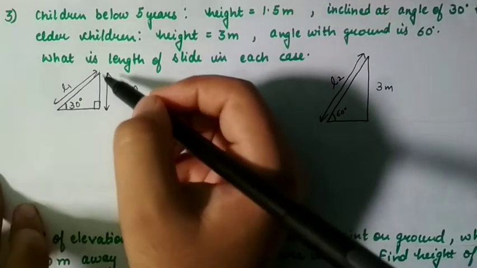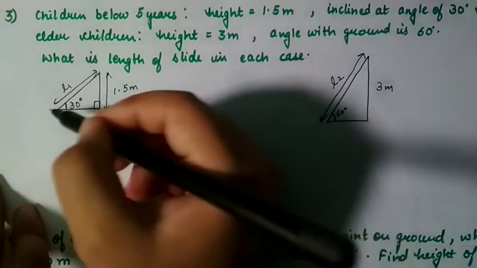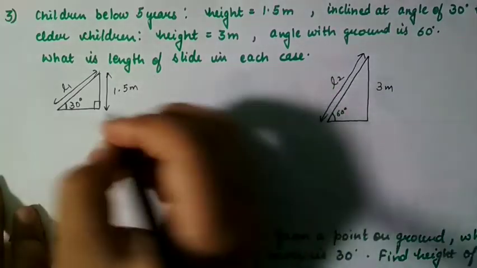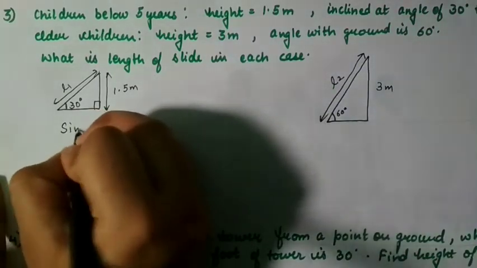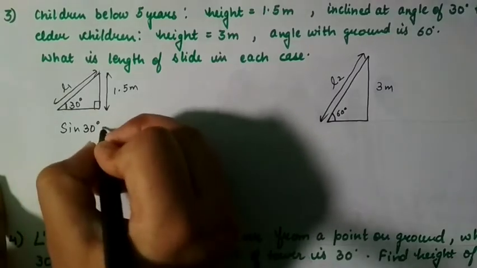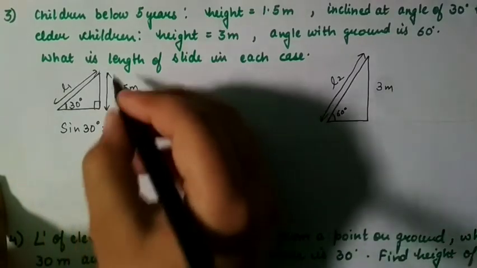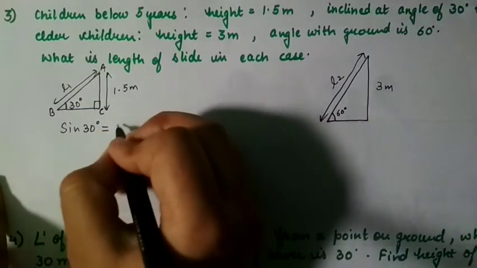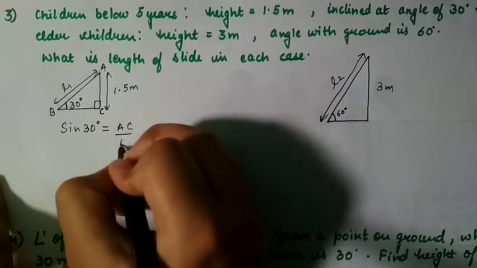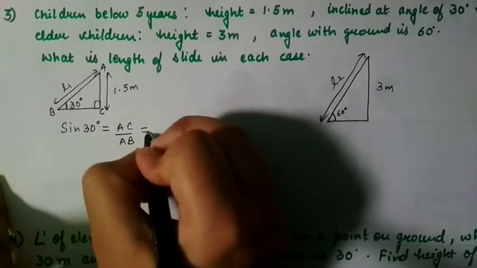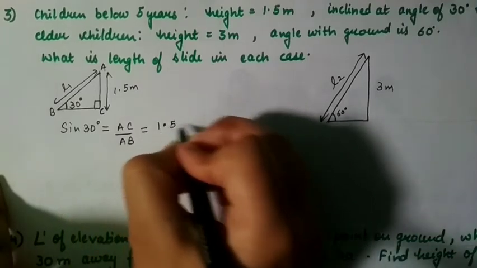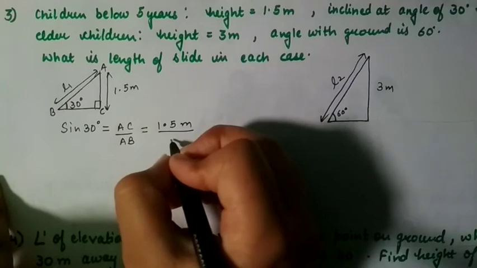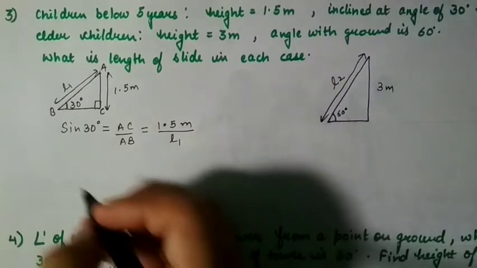So which trigonometric ratio gives the relation between perpendicular and hypotenuse? Sine. So use sine 30 degrees is equal to perpendicular, let us name this as ABC, so perpendicular is AC upon hypotenuse is AB. AC is 1.5 meters and AB is L1. We need to find L1.